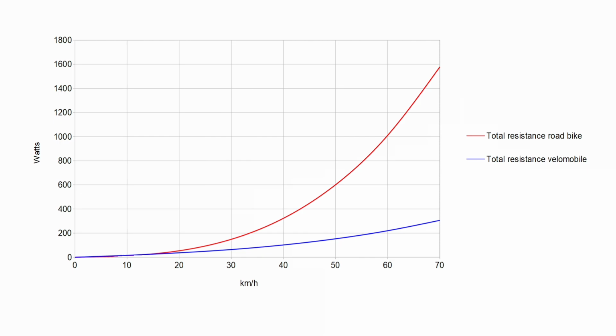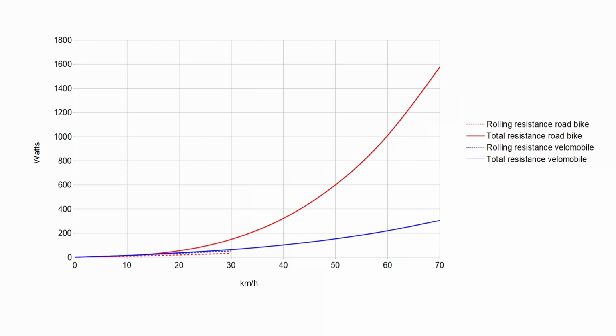What we have ignored so far is rolling resistance. Let's also plot the rolling resistance as dotted lines in the respective colors. Here the road bike actually has an advantage because it has less weight and fewer tires. At just 30 km per hour, rolling resistance for the road bike becomes barely noticeable compared to air resistance.